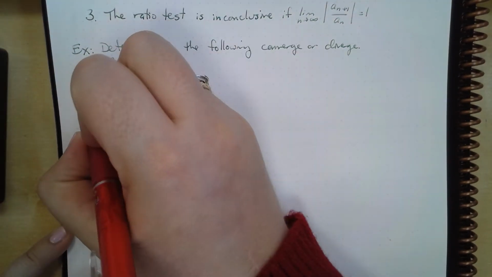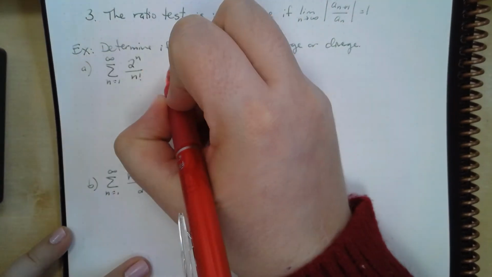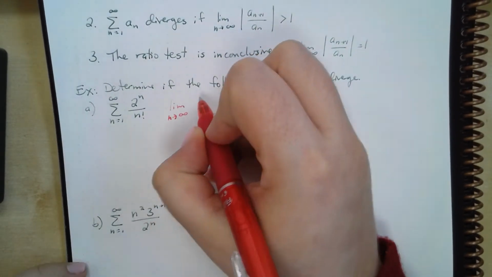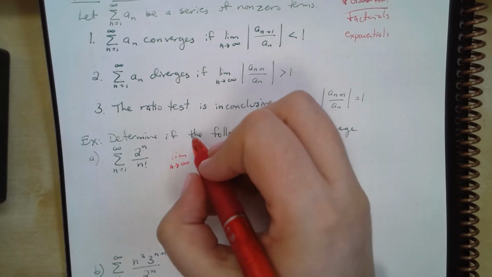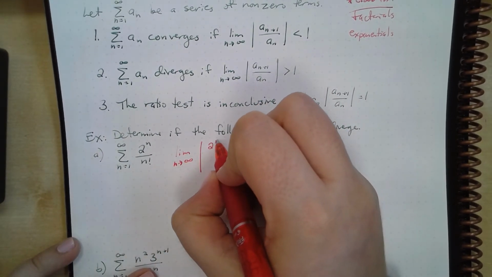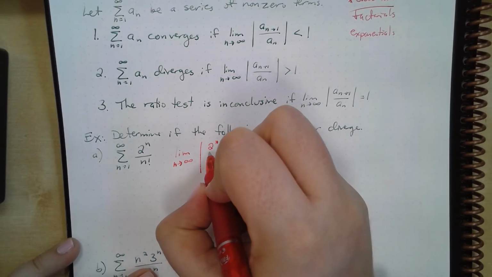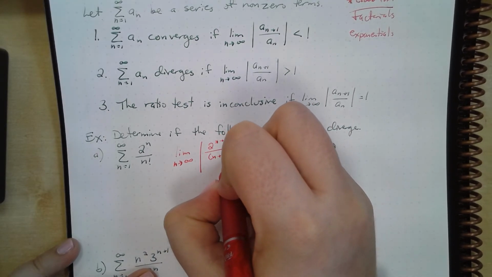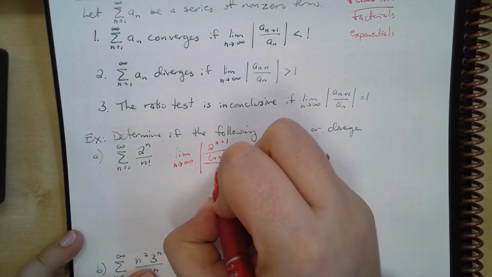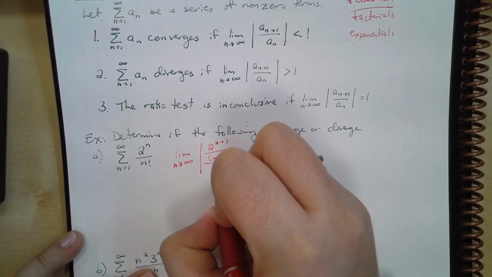So I'm going to rewrite this as the limit as n approaches infinity of, and my n plus 1, I'm just going to rewrite this as 2 to the n plus 1 over n plus 1 factorial, and then all of that is over 2 to the n over n factorial.